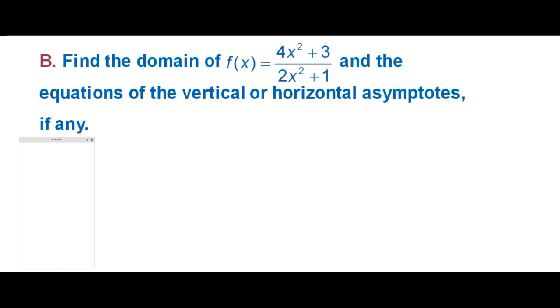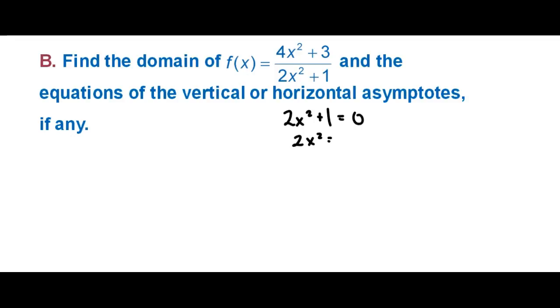So let's look at another example. Here we have a little more complicated function, 4x squared plus 3 over 2x squared plus 1. Again, we're going to look for the domain by seeing where the denominator equals 0. So I have 2x squared plus 1 equals 0.